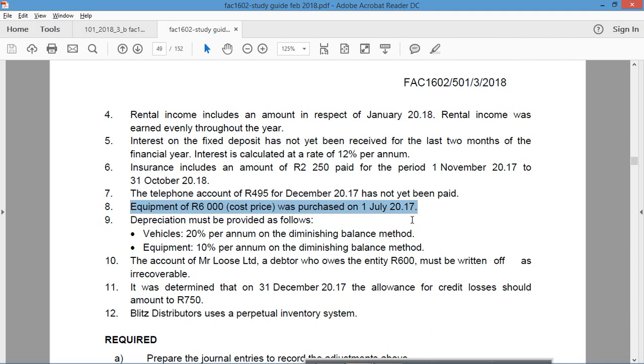Equipment of 6,000 was purchased on the 1st of July. So it increases because it's equipment. It increases on the debit side. So equipment is debited, bank is credited. Correct. Because it's a cash purchase. Yes, in this case. Well, how do you know it's cash? 6,000 cost price. It didn't say credit sale. No, well, it could have been cash or credit actually. The thing is, we just bought equipment in the past.